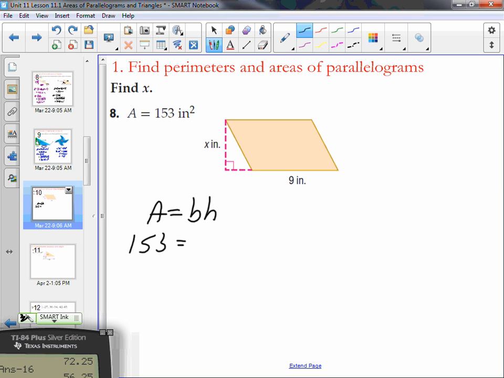Now if we look at the parallelogram, remember how the base will always be one of the sides and then the height has to be perpendicular to it? What needs to be the base? 9. And if the base is 9, what's the height? X. Well, that's kind of tailor-made once you write it down, isn't it?